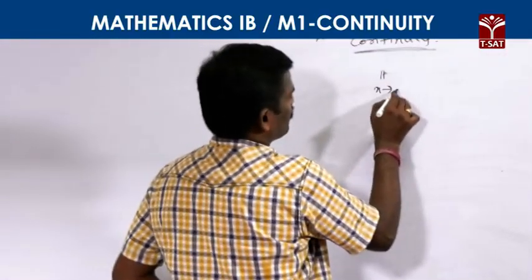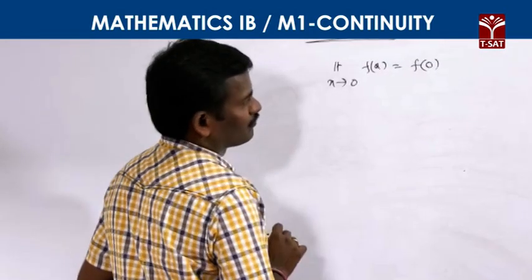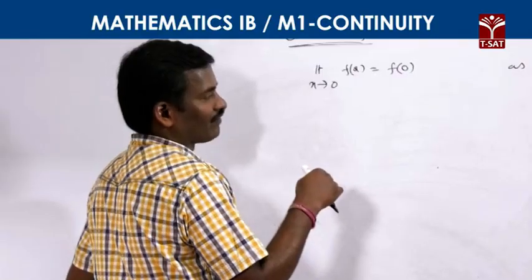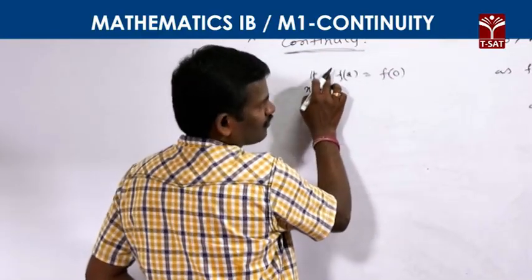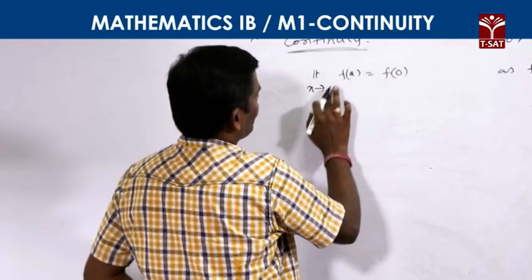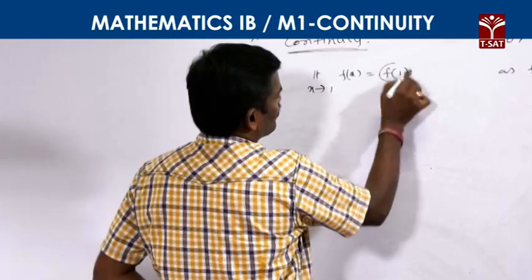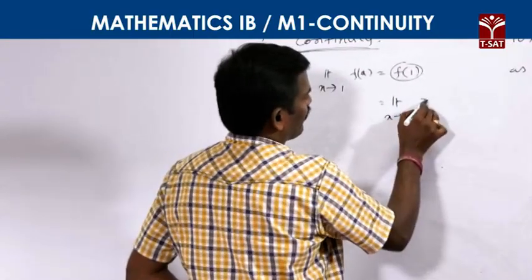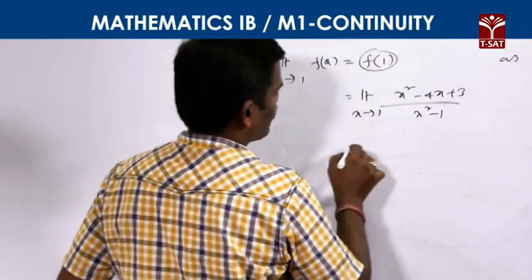So actually the concept is: the limit as x tends to a of f of x equals f of a, which we need to prove. So f of 1 is given as 2, and we need to tell whether the given function is continuous or not by checking this condition. So we need to check the limit as x tends to 1. This function is given for x not equal to 1, so we keep this answer aside. The limit as x tends to 1 of x square minus 4x plus 3 by x square minus 1.